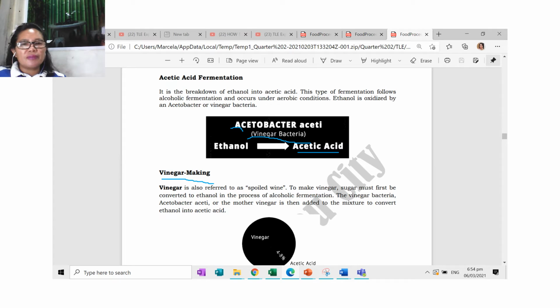So this vinegar bacteria or Acetobacter aceti, or the mother vinegar, is added to the mixture to convert the ethanol into acetic acid.